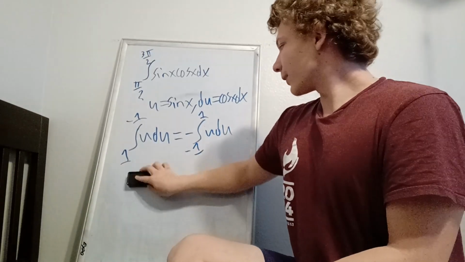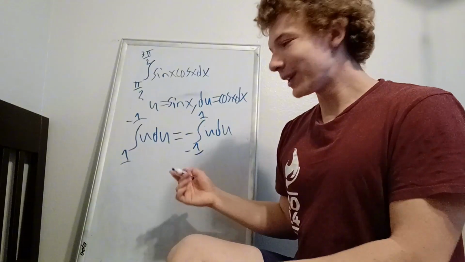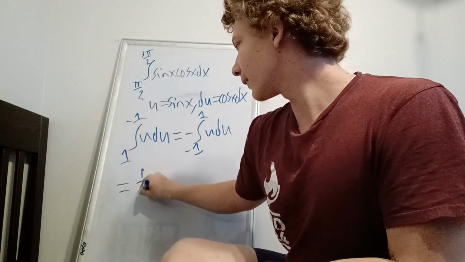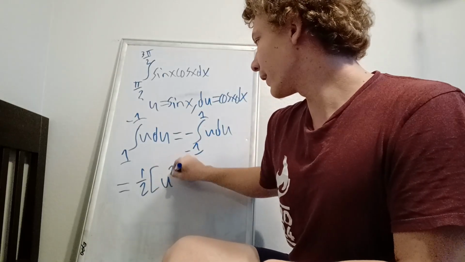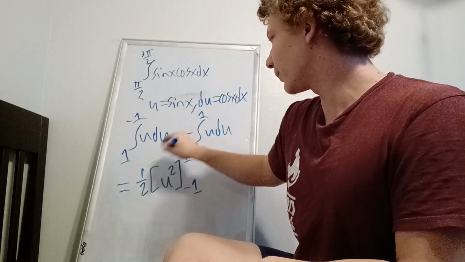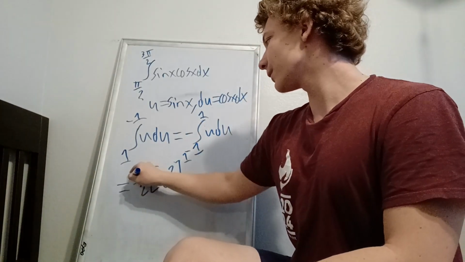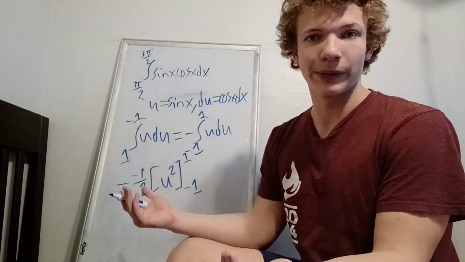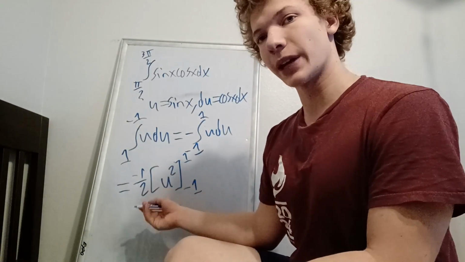Now, with that out of the way, we can finally evaluate. This integral will, of course, be 1/2 u squared, evaluated from negative 1 to 1, and we have this negative in front right here. Now, u squared evaluated at 1 is, of course, just going to be 1, times negative 1/2 in the front.